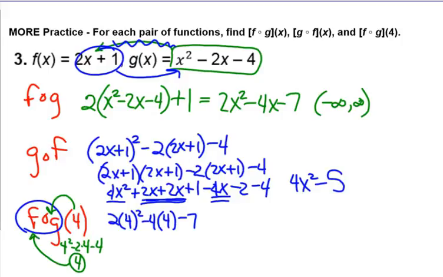Then I put that answer into f. 2 times 4 plus 1 is 9. Did anybody type that and get a 9? Sure. I did. This is 32 minus 16, which is 16 minus 7 is 9. Okay? You good? Yep.